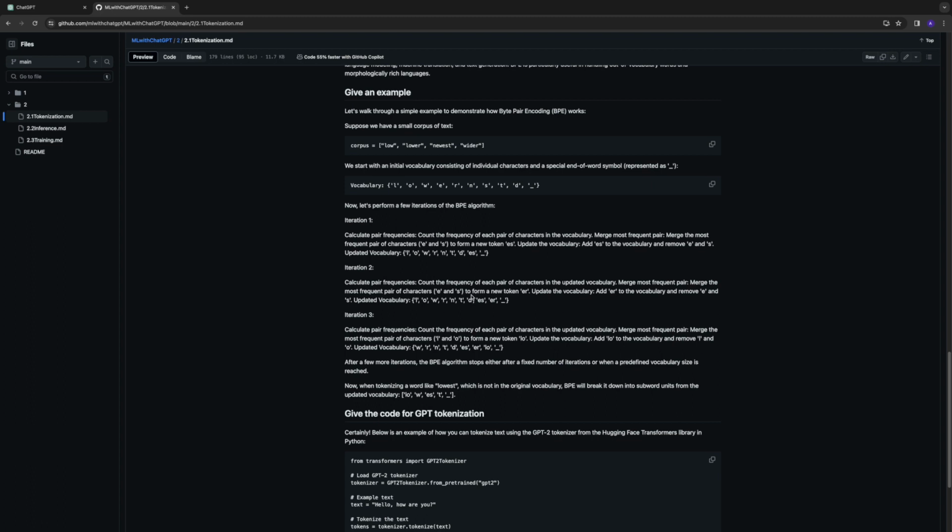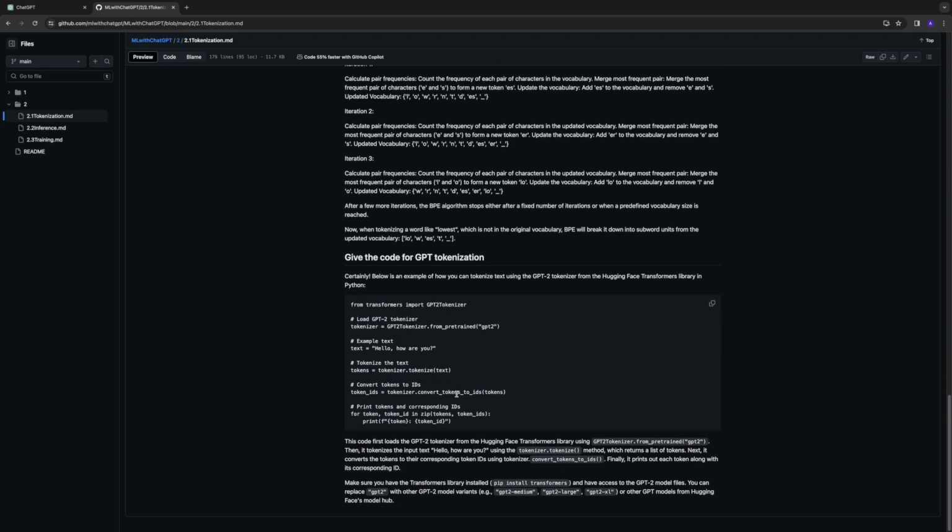And then you do some iterations, and you can get "es", and also "er", and "lower" and "wider". So finally, you will get this vocabulary: low, es, t.